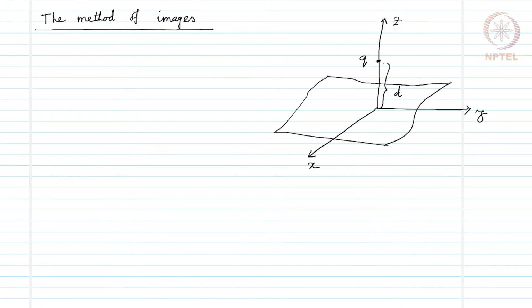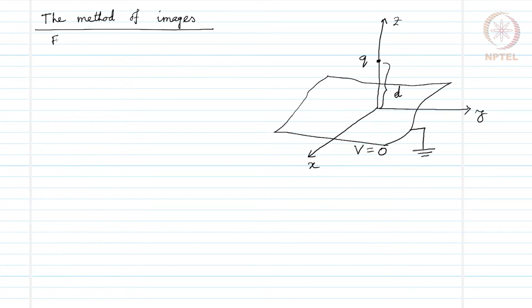If we have this kind of a situation, and if we consider that this infinite conducting plane is grounded, grounded means the potential on this conductor plane equals 0. Then we want to find out the potential above this plane.